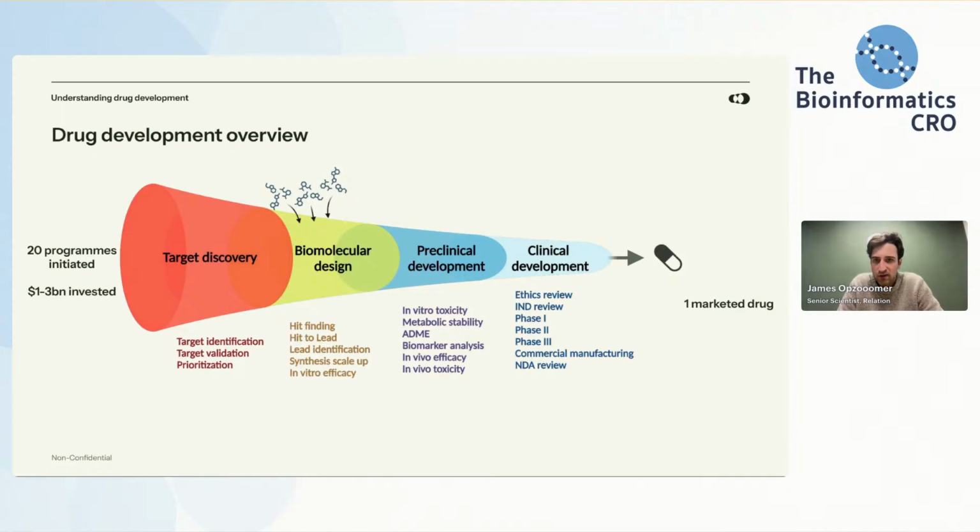So most of the attrition here is because we were wrong about the biology. Although every stage in the funnel is important, the decisions we make right at the beginning in target discovery echo all the way through this funnel to the clinic, where failure is acutely expensive. And so that's why we believe that target discovery is really the most important problem in drug discovery.